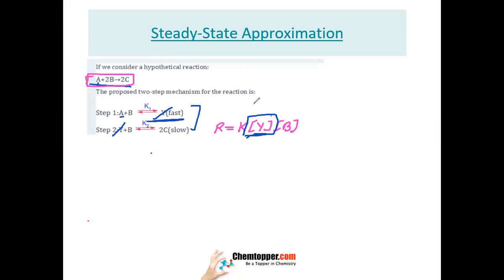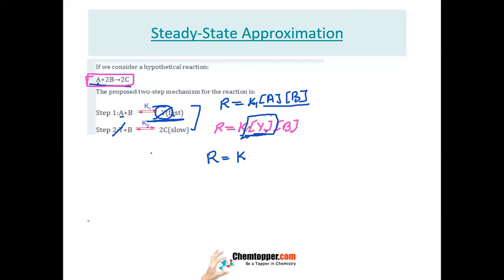What's the rate law for the first step? The first step is k times concentration of A times concentration of B, which is giving you Y, right? It's giving you Y. Check. So replace this Y by these two. And your rate law will become k. These ks are different. I'll show you. Let's say this is k1, this is k2.